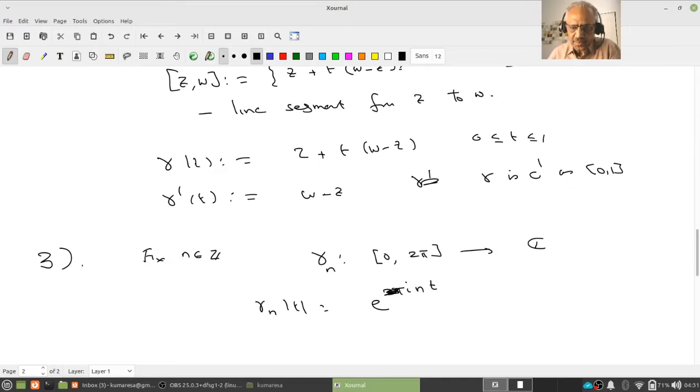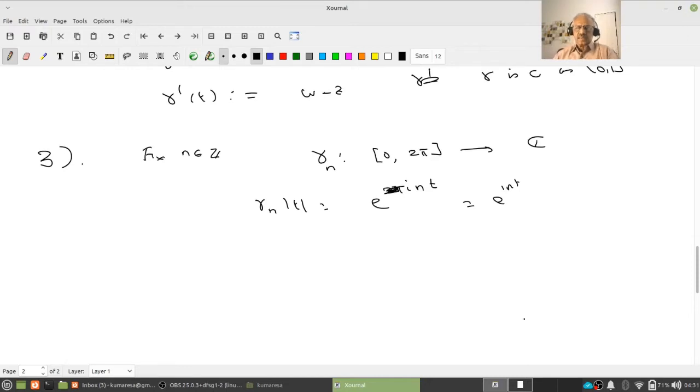There is already the 2 pi, so it's just e to the power i n t. Right. So this is again a path, because we know that gamma n prime t we can differentiate as i n times e to the power i n t. So gamma is C1 on 0 to 2 pi. So these are all paths.